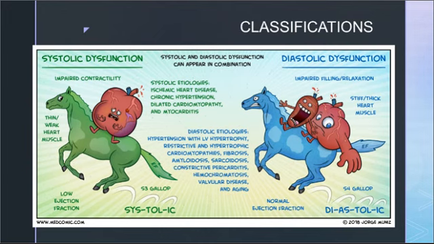There's systolic and diastolic dysfunction. Systolic dysfunction occurs when the ventricle fails to adequately contract. So remember, if you think of your blood pressure, systole is your high number, when the blood is pumping out of the heart.